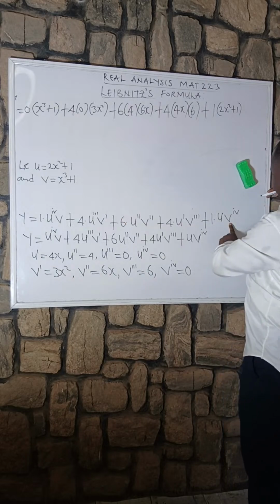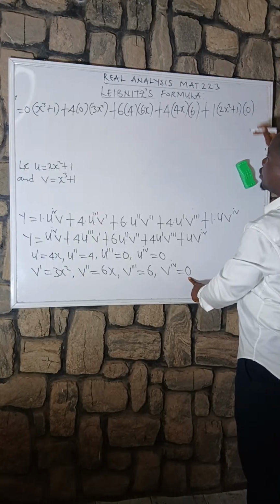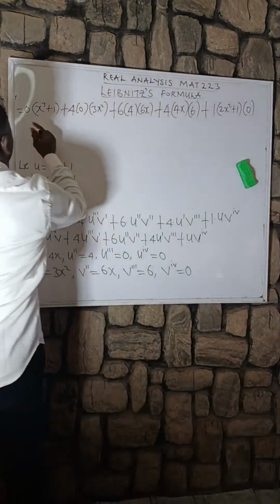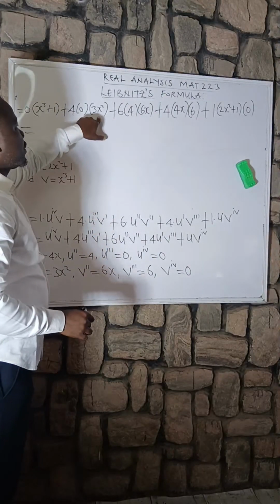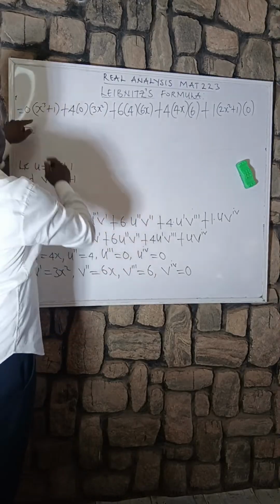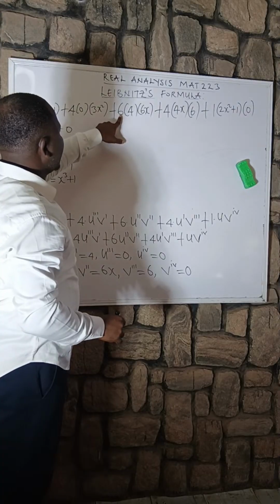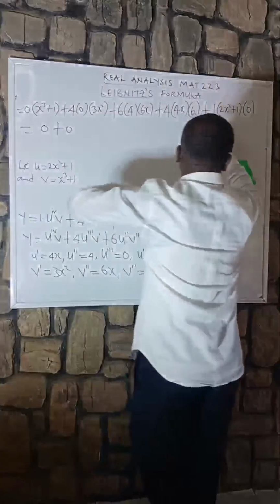Then V IV is 0, right, times 0. So in all, if you use 0 to multiply this, you are going to have 0. 4 times 0, 0 times 3x squared, 0. So here we have 0 plus 0. Then 6 times 6x, 36x.